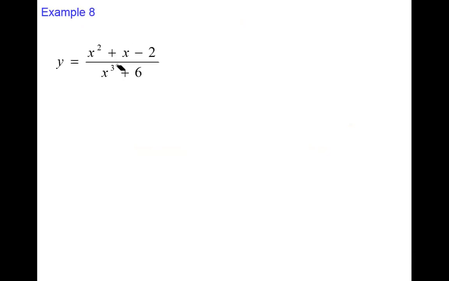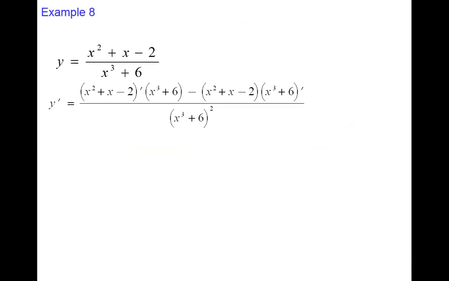We are always looking for some simplification, but if we can't simplify, like this one, we have to take it as it is and apply the rule. That means derivative of the top function times the denominator, minus the top function times the derivative of the denominator, over the denominator squared.